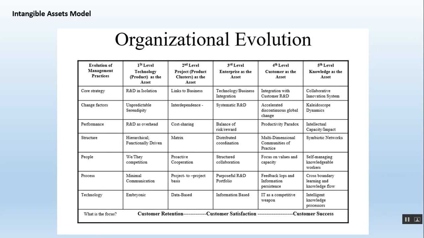The next level, level 3, would be the enterprise as a whole as an asset. And you'll see the big companies like IBM Global Services, Google. You can come up with your versions of those where the entire enterprise can be organized around a customer's success.